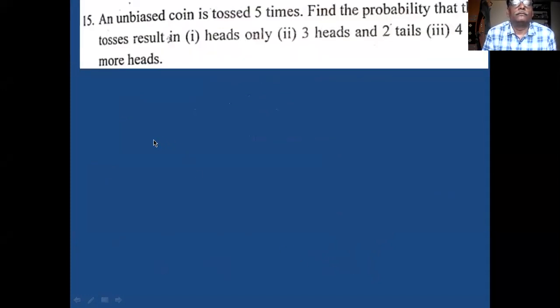Next problem. You see this problem. An unbiased coin is tossed 5 times. How many times you toss the coin? 5 times. That is n value. Okay. Find the probability that the tossed coin results in heads only.